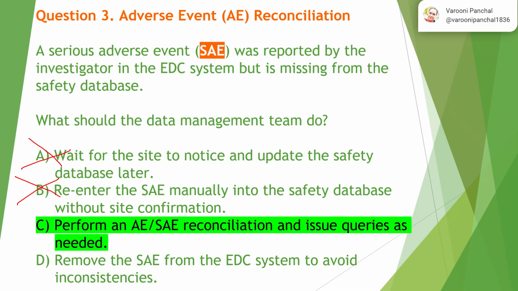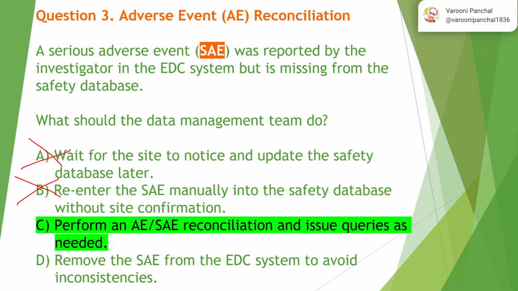Option D, remove the SAE from the EDC system to avoid inconsistencies. Now, SAE is very important because in any clinical trial that is conducted, the first objective is to ensure how safe that specific medicine is, right? So the concern is safety.